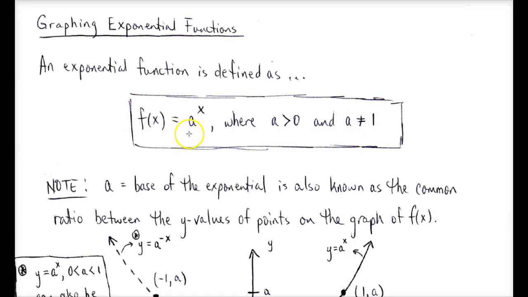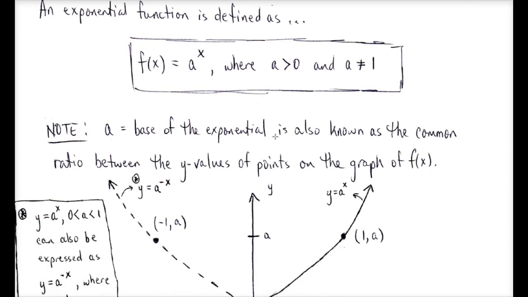Okay, a is what is called our base for the exponential function, and of course x is our exponent, but it's also what our variable is. And so that's one of the reasons why this particular function is called an exponential function, because the variable resides in the exponent.